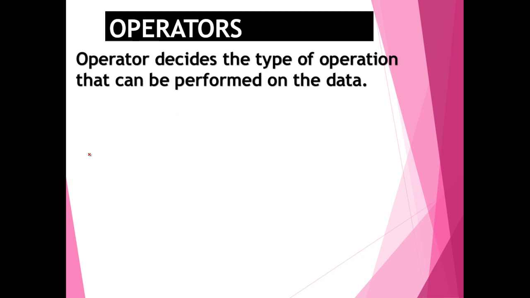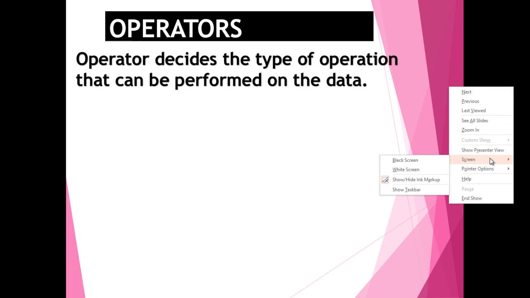So what is the purpose of operator? The operator decides the type of operation that can be performed on that data. So what does this statement mean? Let me clear it with an example. Suppose I have written A is equal to 5, okay, and then I write B is equal to 7, okay.